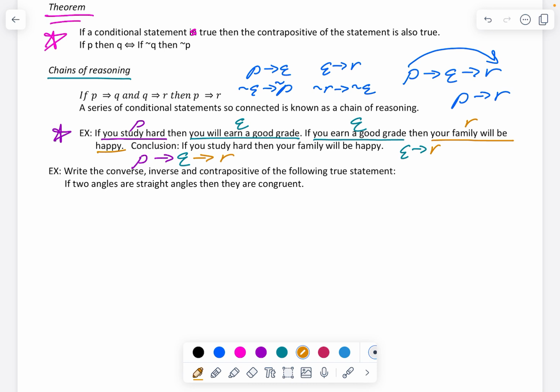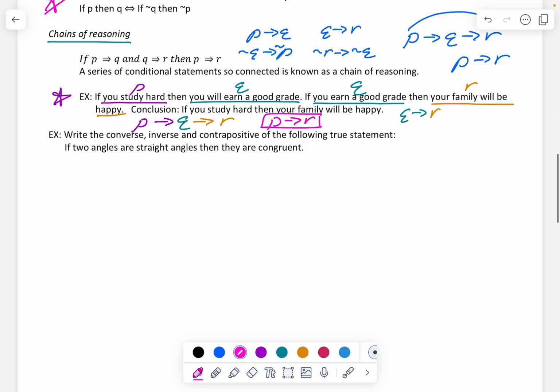If you study hard, you will earn a good grade. And if you earn a good grade, then your family will be happy. And so we can come up with that final P implies R. We can make a conclusion that if you study hard, then your family will be happy. And we reason our way through that chain of reasoning.